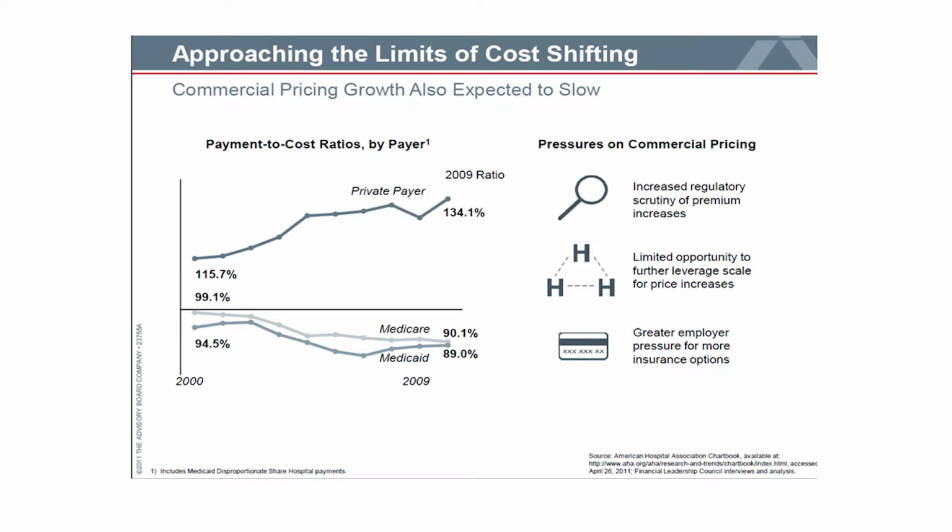There's a lot of pressure on commercial pricing lately. One, increased regulatory scrutiny of premium increases, also limited opportunity to further leverage scale with consolidation, and then also greater employer pressure for more insurance options. So we're really at the limit of being able to cover this from a commercial standpoint with the limited reimbursement for government.